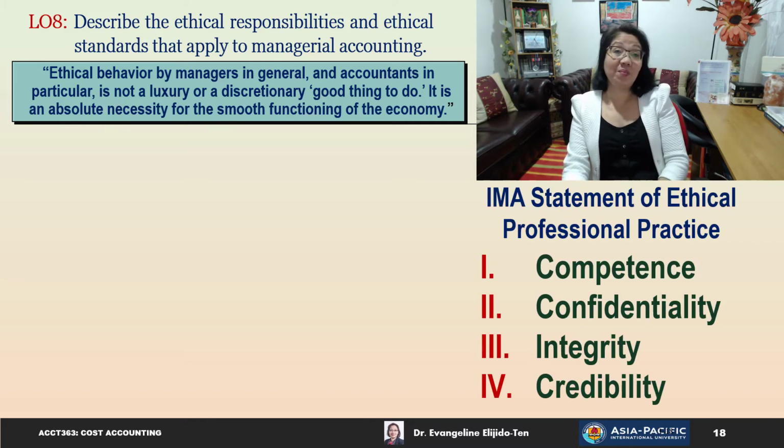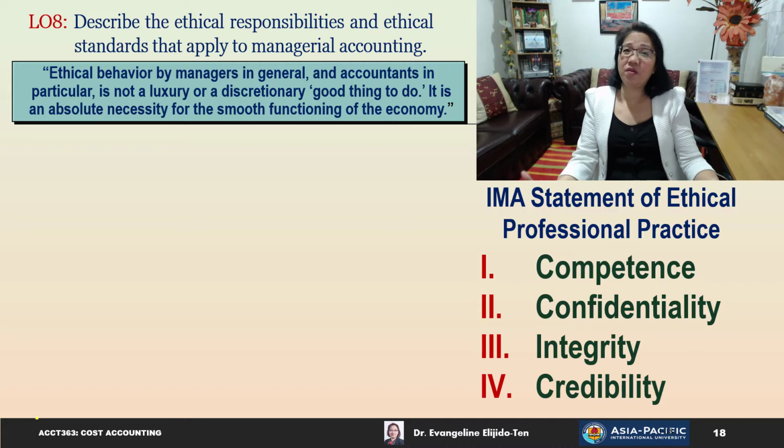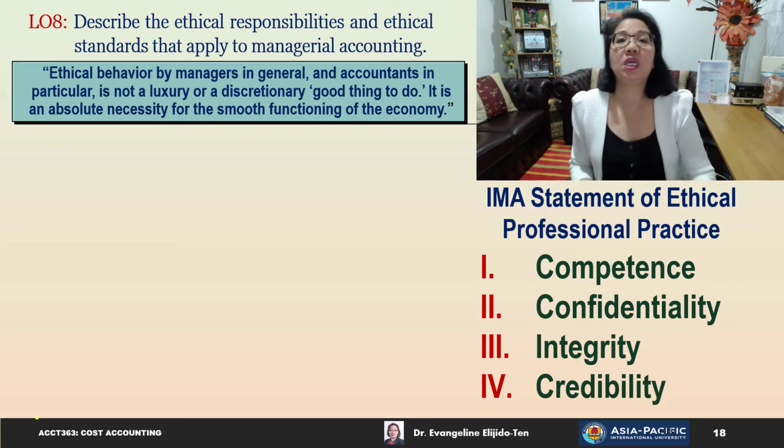So the IMA Statement of Ethical Professional Practice specifically shows 4 standards, all right? Competence, confidentiality, integrity, and credibility. This is actually a very important part of our career as accountants or management accountants in particular.